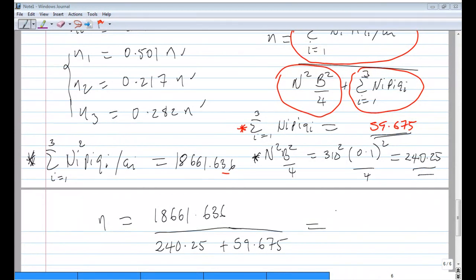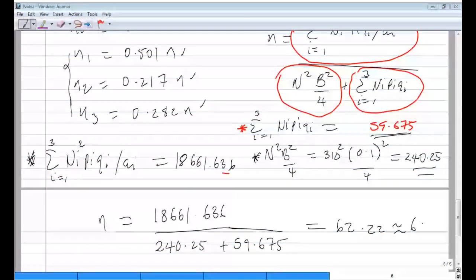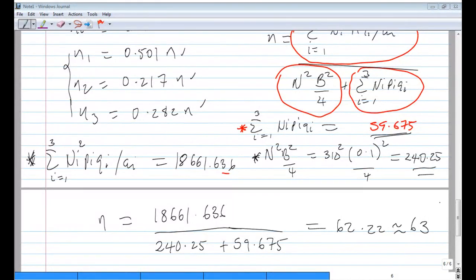Can you tell me what is the answer now? 62.221. Obviously it is going to be 63. Even mine, it was 62.304. Obviously it is going to be 63. Remember, this is the sample size, so you have to round it off. As long as you have some decimal numbers there, round it off, please.